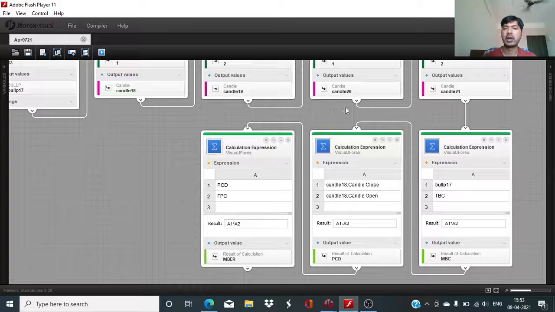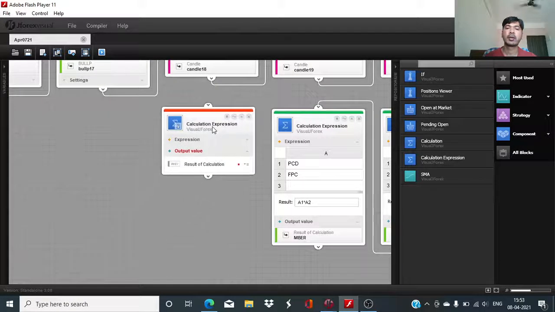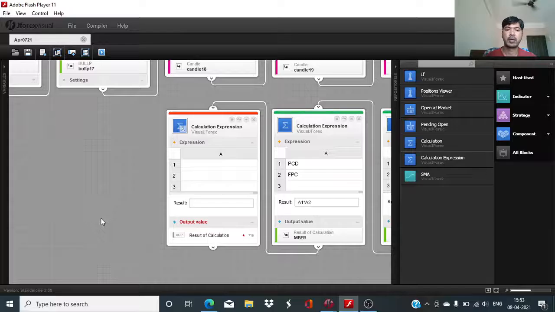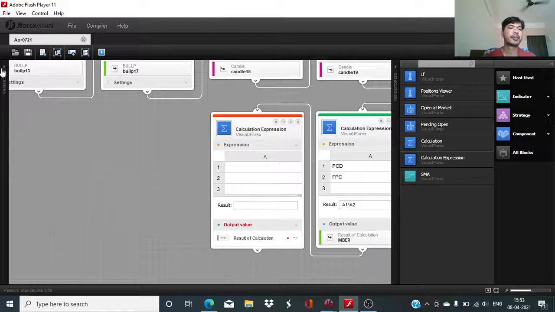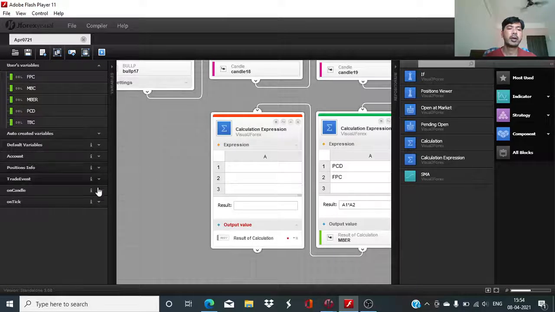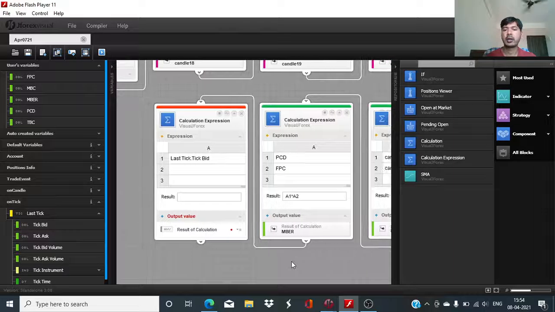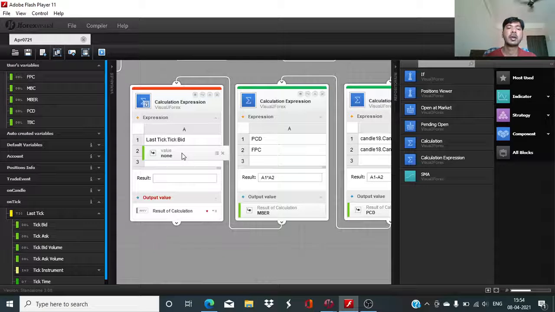So we first start with the calculation expression where I will find this block. Here it is. And we will define the entry point for the execution of the buy trade, and it will be the limit order, so last tick bid, and we will deduct the 40% of the last hour's candle closing and opening difference, as I said earlier.